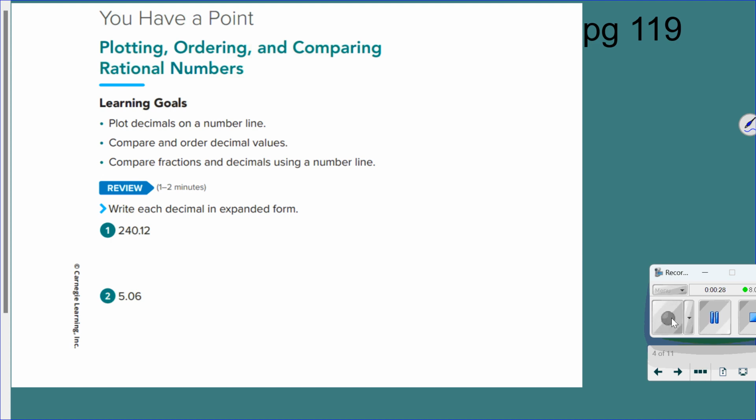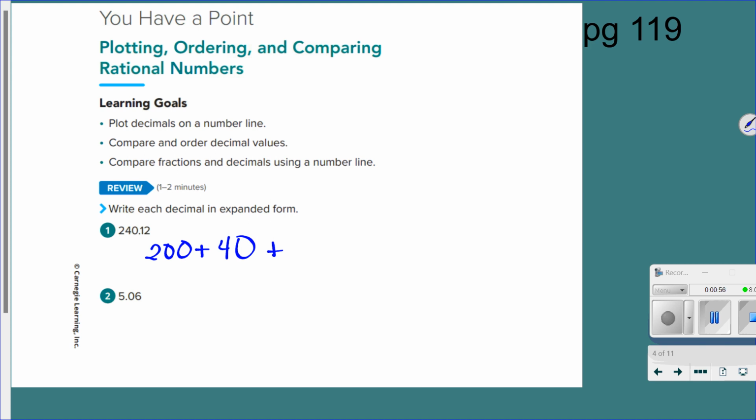All right, who can tell me how to write number 1 in expanded form? 200. What's after the hundreds place? 40. What do you say when you get to that number? 200. Okay.